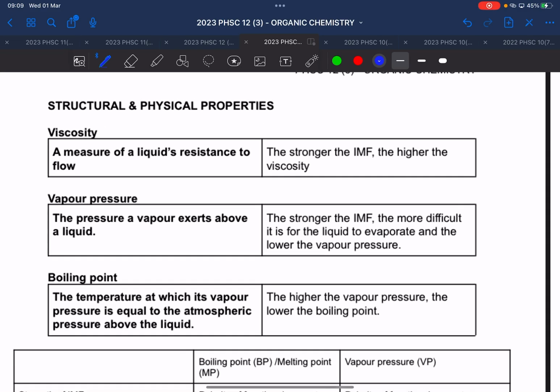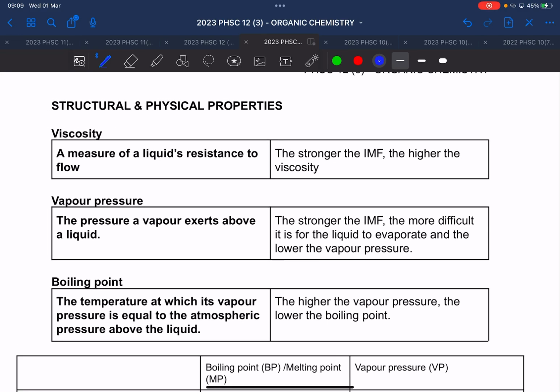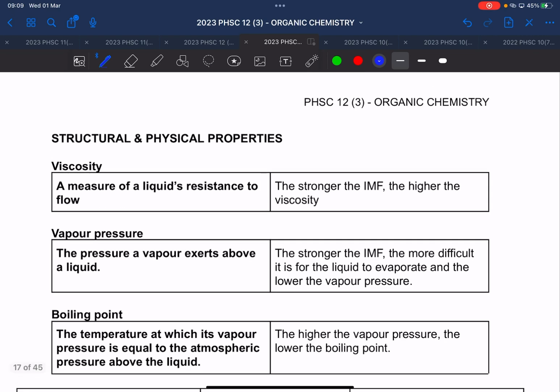So this whole next part has to do with intermolecular forces, or we speak about physical properties. Intermolecular forces or physical properties, and that's just this one page.